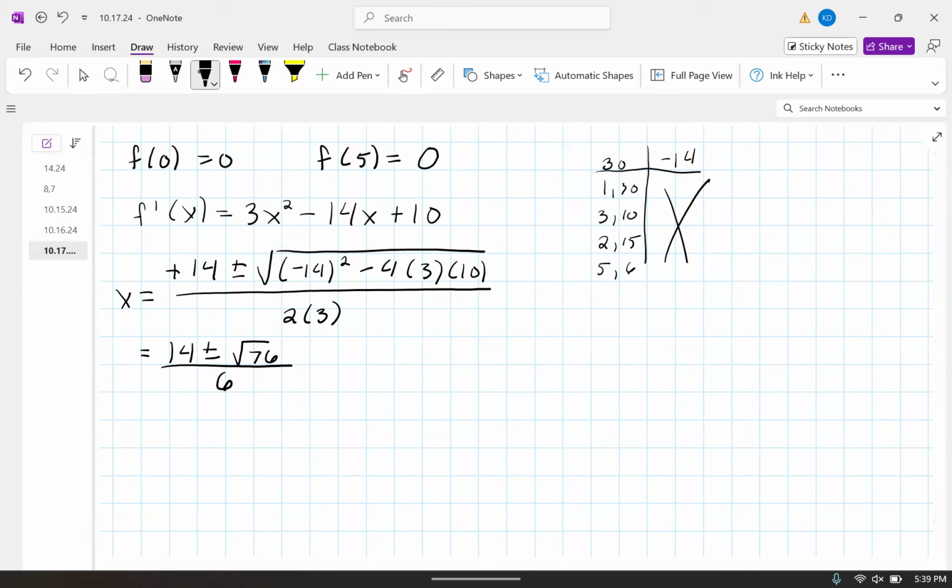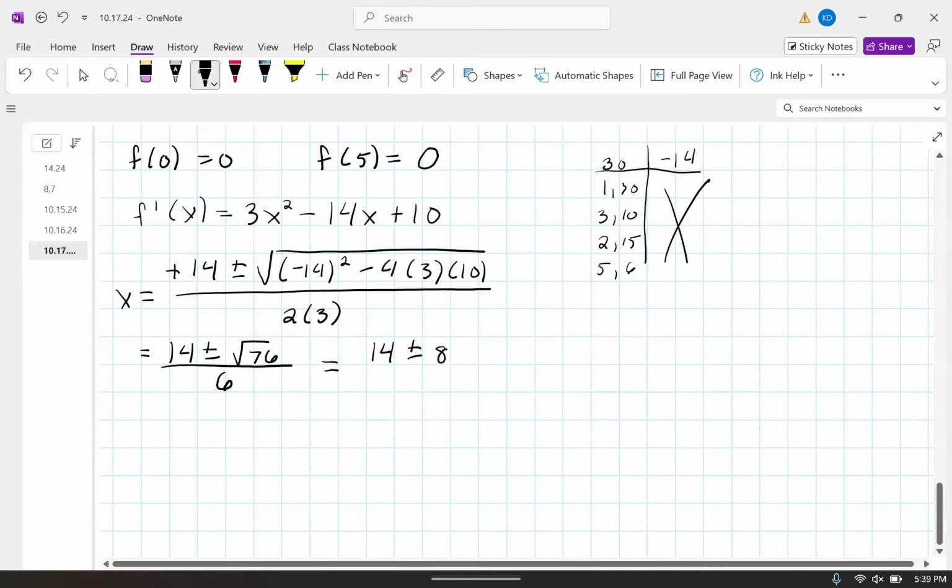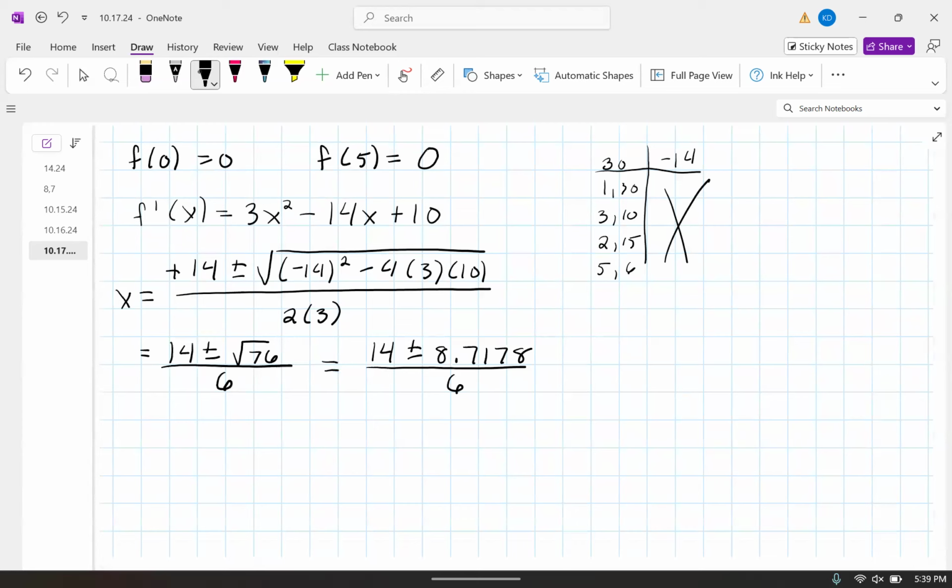Take the square root of that, which gives me 14 plus or minus 8.7178 all over 6. Yeah, we can find 2 points. 14 plus that, and 14 minus 8.7178 over 6.